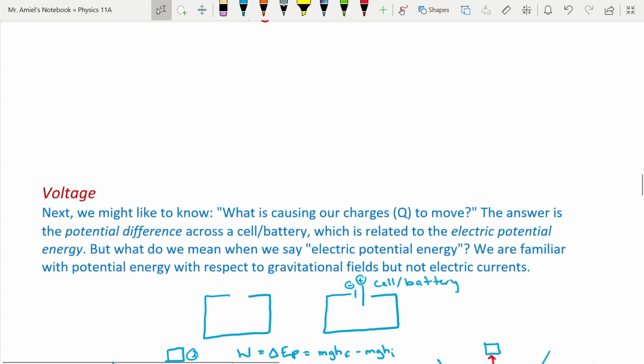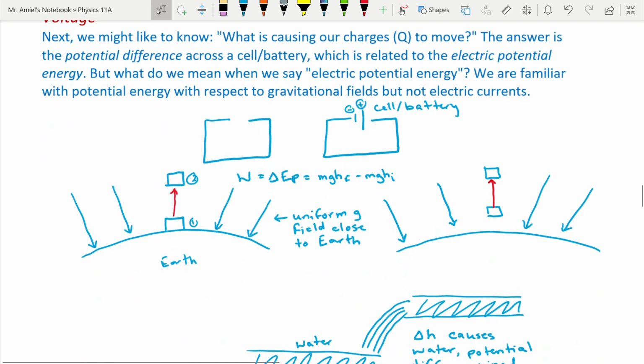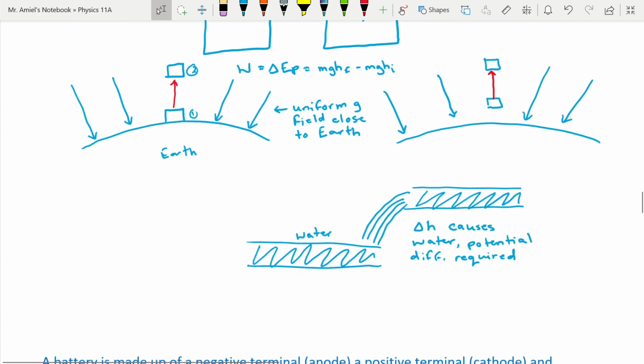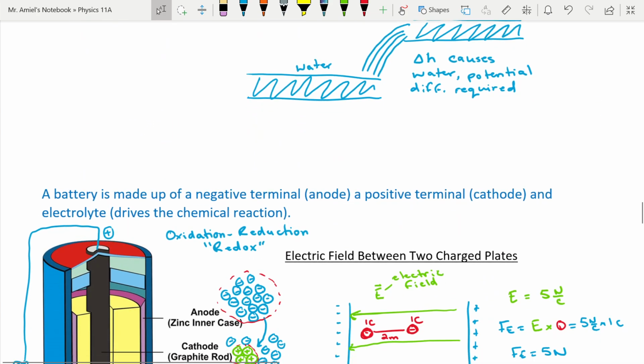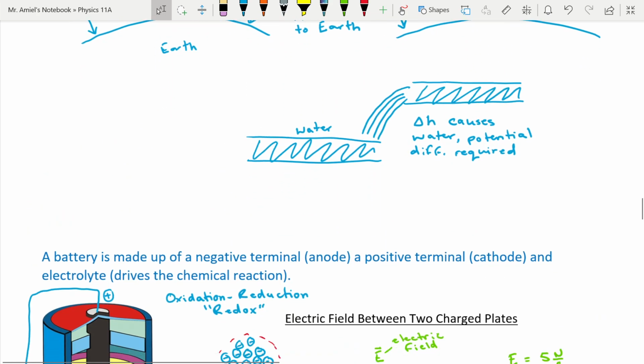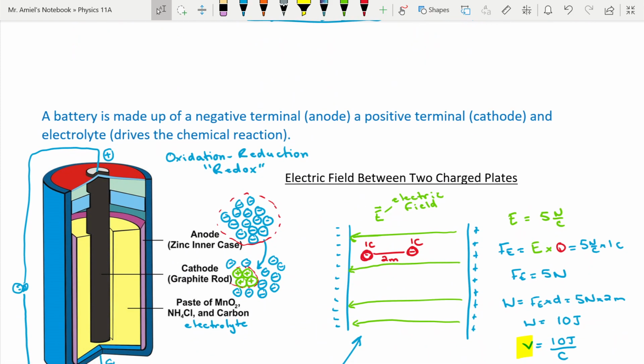And then we said, well, what's actually causing those coulombs to flow? What's causing our charge to flow? And we said it's the potential difference across our battery. We compared that to the gravitational field, and we saw that moving something in a gravitational field is very similar to moving a charge in an electric field.